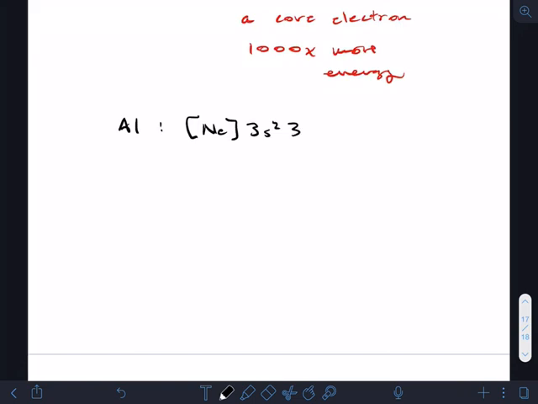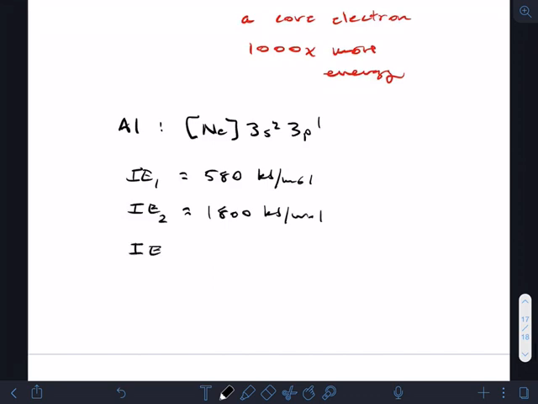Aluminum. Looks like neon, 3s2, 3p1. So ionization energy 1, 580 kilojoules per mole. That puts me at the 3s2. Ionization energy 2, 1800.